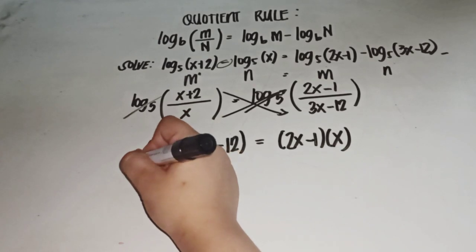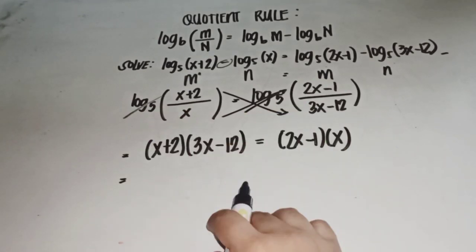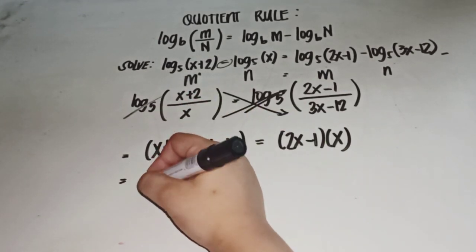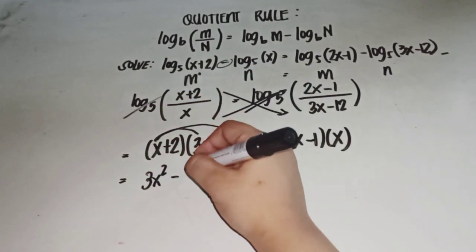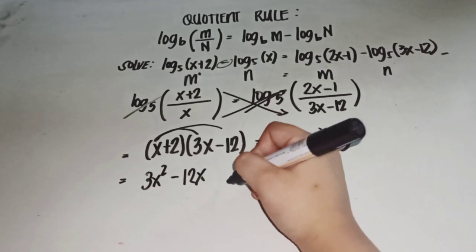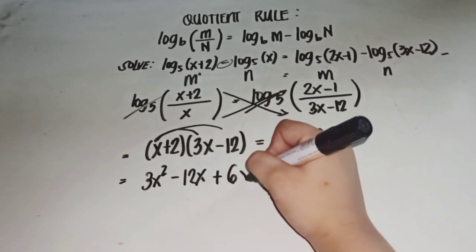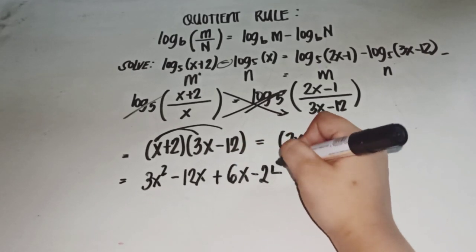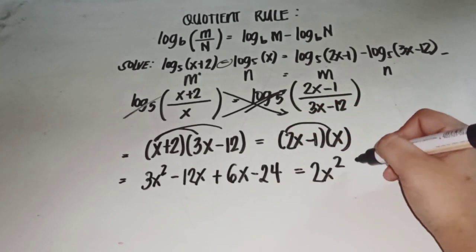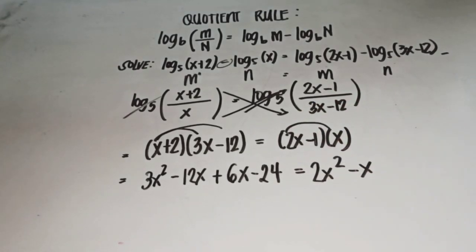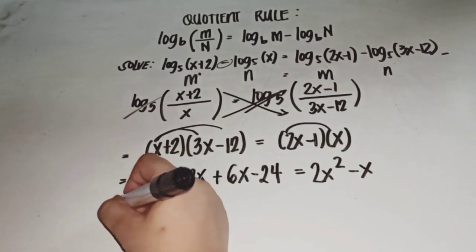Let's simplify this. Use the FOIL method. Okay, 3x squared minus 12x plus 6x minus 24 is equal to 2x squared minus x.